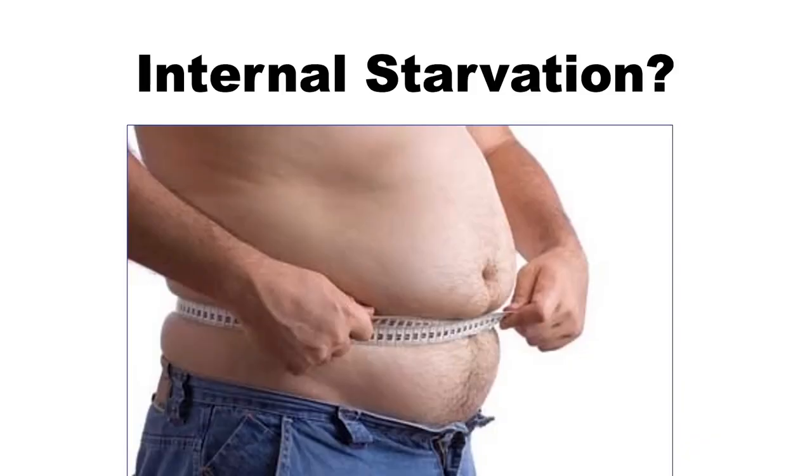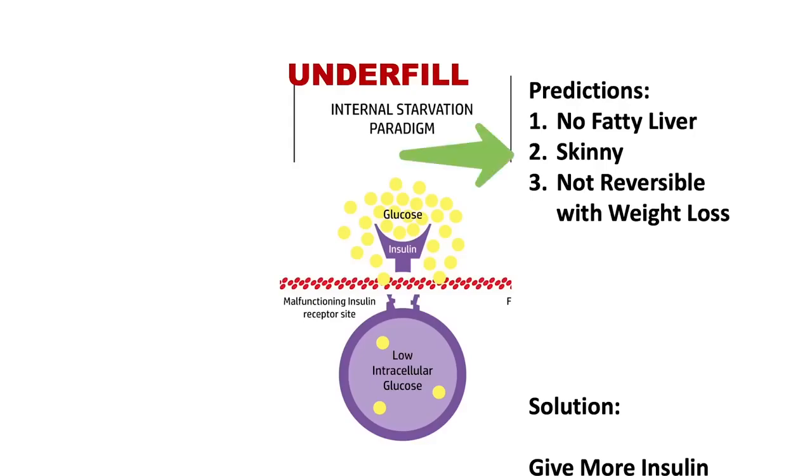So there's this problem with this underfill or internal starvation paradigm, because it would predict that in this condition of insulin resistance and type 2 diabetes, which is the same thing, there should be no fatty liver, that people should be very skinny, and it shouldn't reverse with weight loss, because if you lose weight, if those cells give up all their fat, well, how would that make the insulin work better? And the answer is it doesn't. And the solution here is to give more insulin, which is what we've done for many, many years.